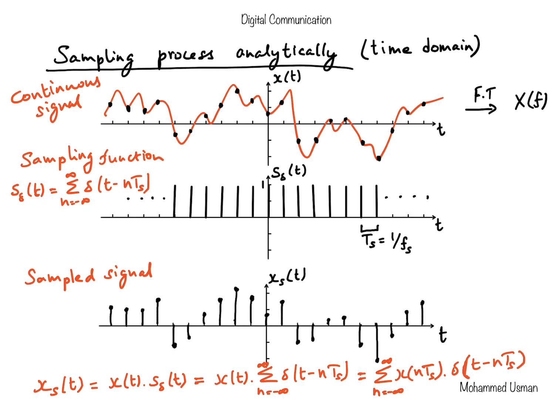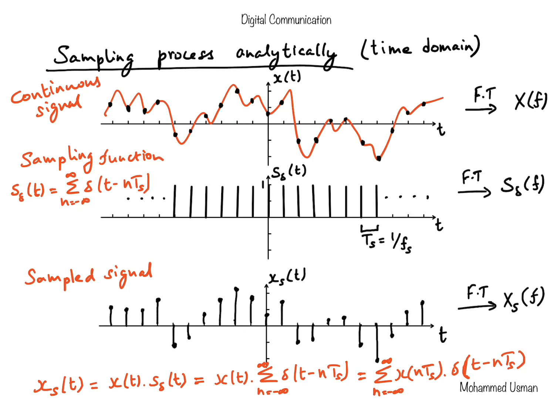And similarly, the sampling function s delta of t, its Fourier transform will give us its spectrum. So the Fourier transform of the sampling function would give us the spectrum of the sampling function, which we would denote as capital S delta of f, and correspondingly the spectrum of the sample signal, if we take the Fourier transform of the sample signal, that should give us the spectrum of the sample signal, which we would denote as X sub s of f.